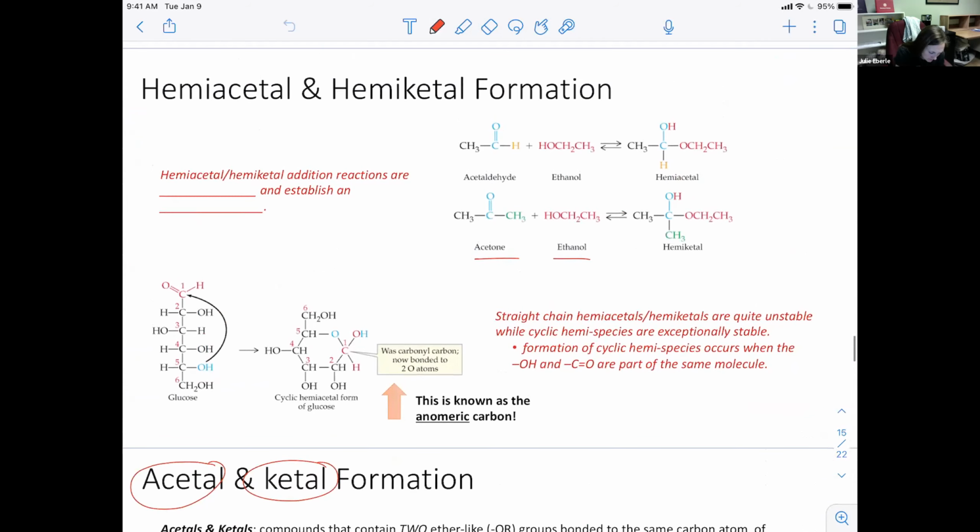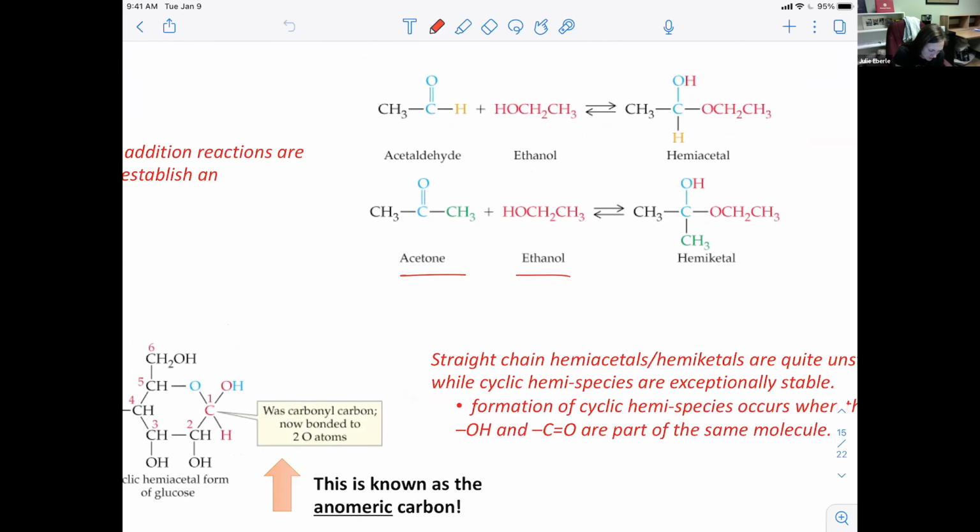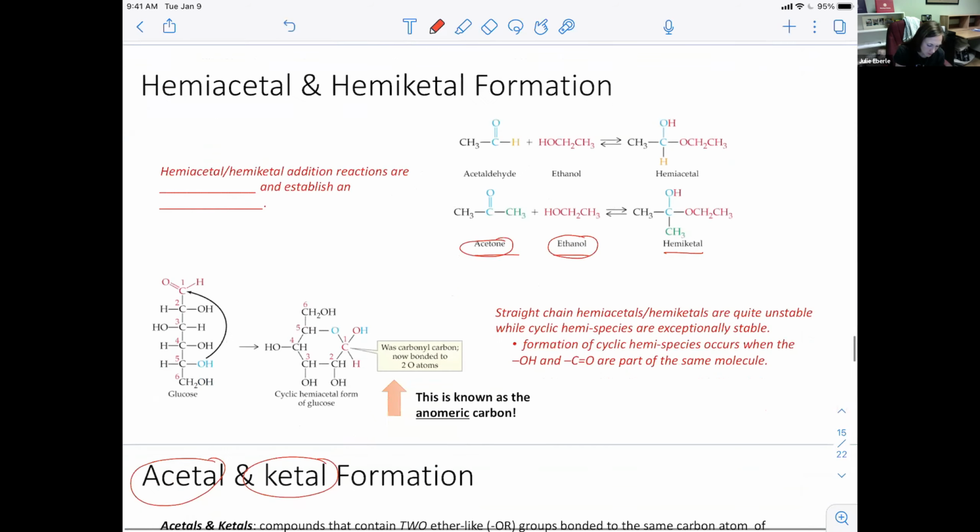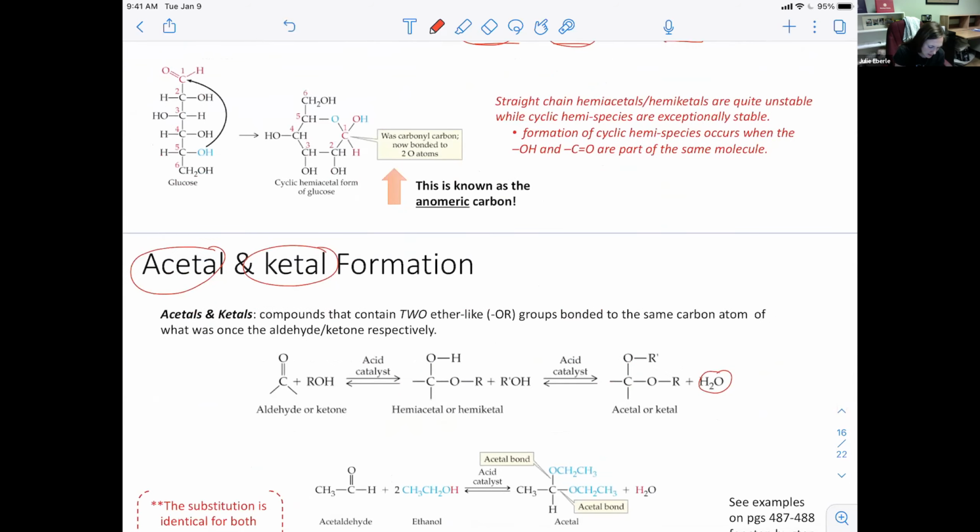So look, here's an example. This is a ketone. This is an alcohol. But this is a ketone with just 1 alcohol. What does that form? Those form hemiketals. You have 2 alcohols in this case. So if we scroll down one more time, so ketone, and here's the alcohol.